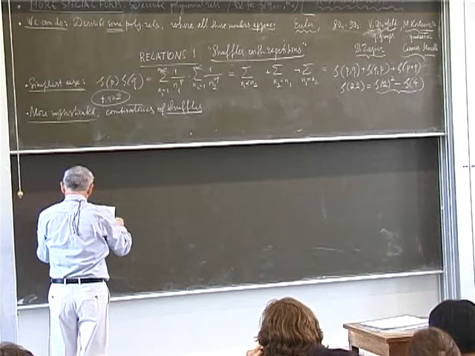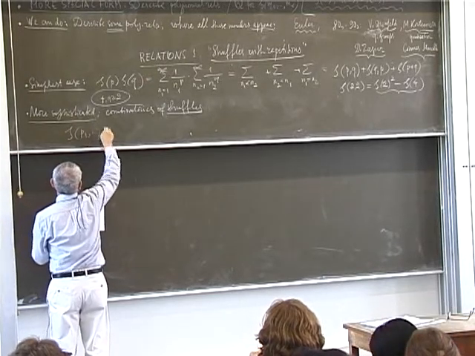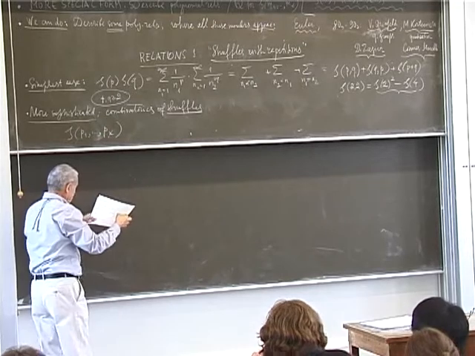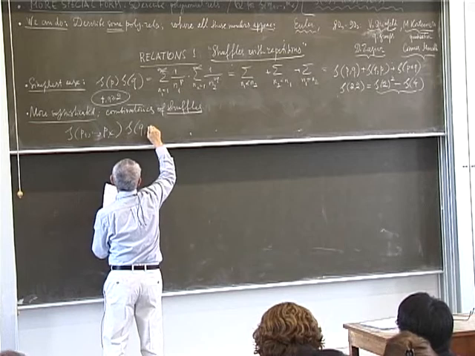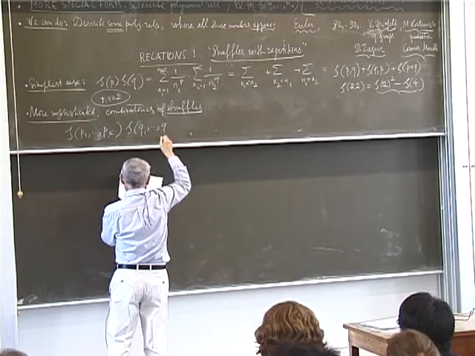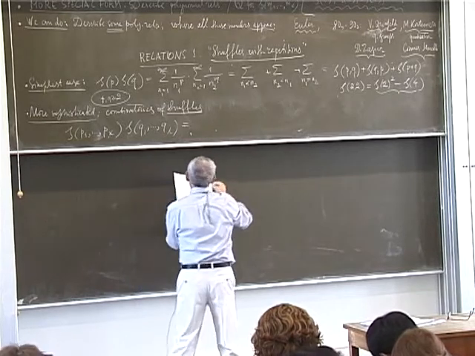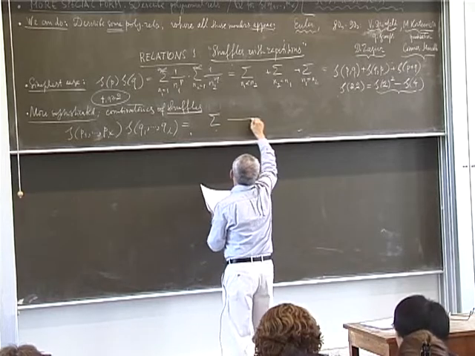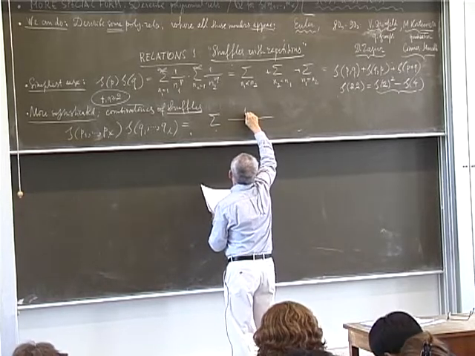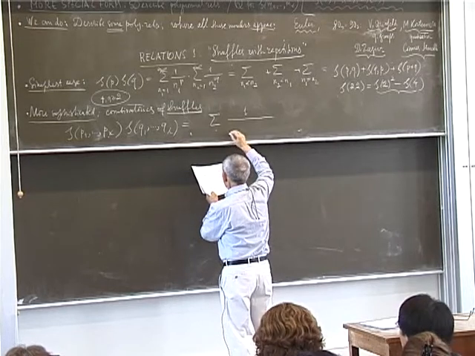So you try to multiply, say, one multiple zeta value by another multiple zeta value. And you get something like that. Well, now I have trouble with notations, but okay, something like that.